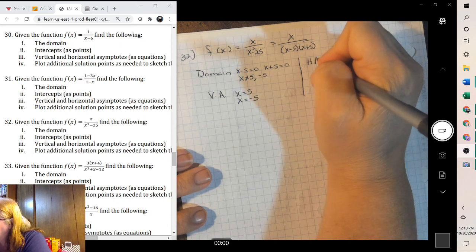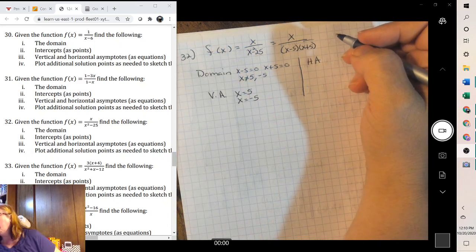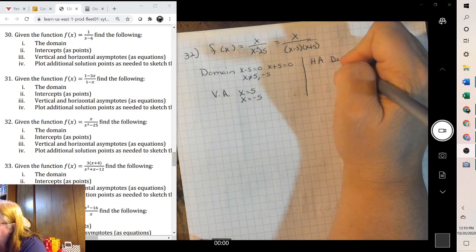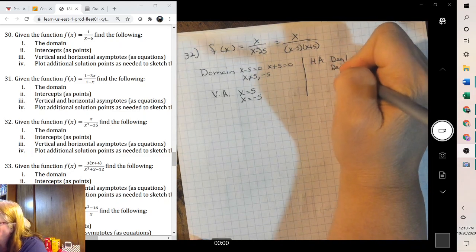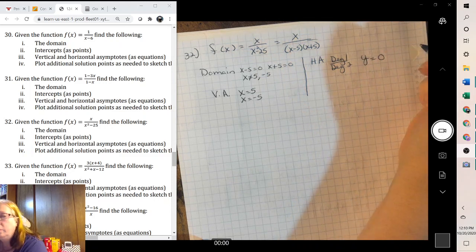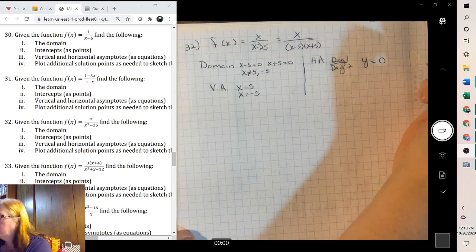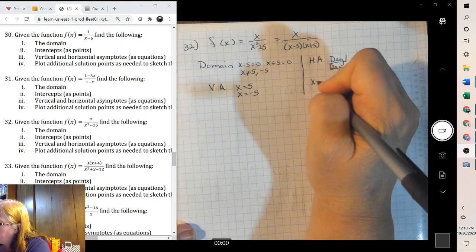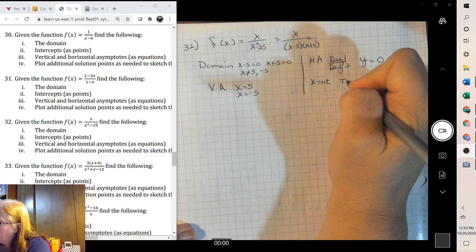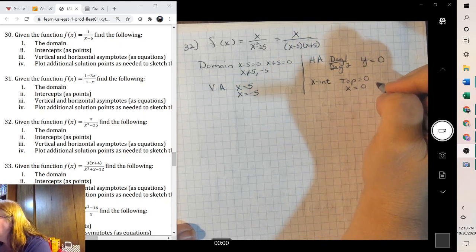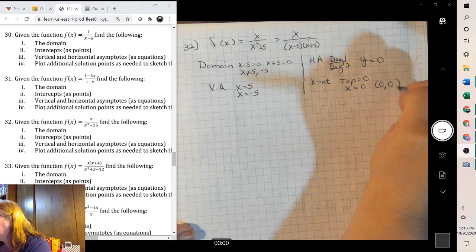Find the horizontal asymptote. The degree on the top is 1. The degree on the bottom is 2. So the horizontal is y equals 0. Finding the x-intercept, we set the top equal to 0, so we get x equals 0. So the x-intercept is (0, 0).